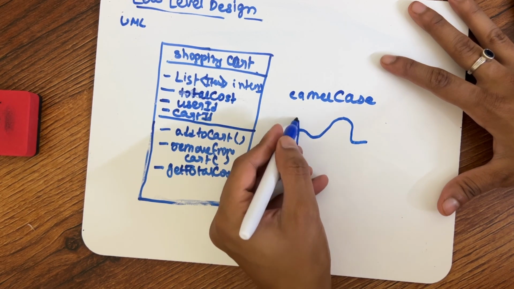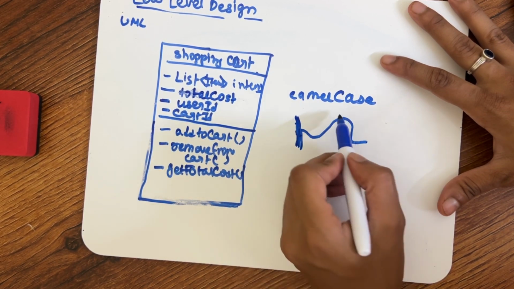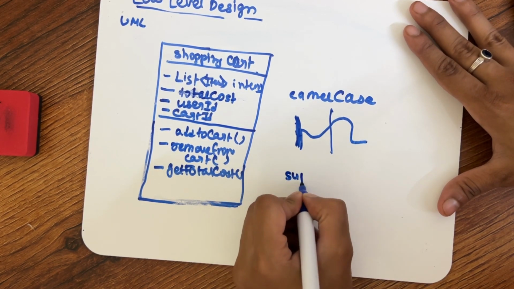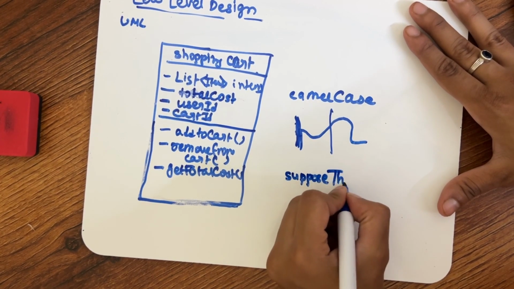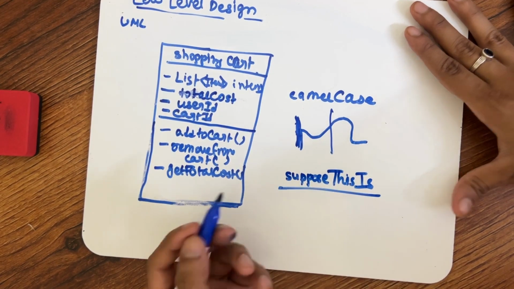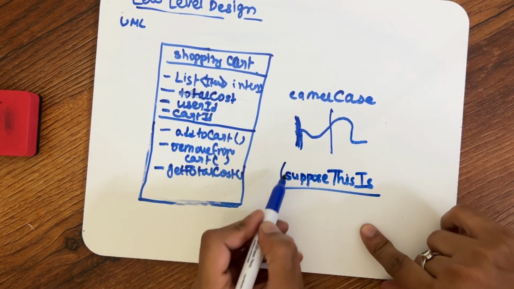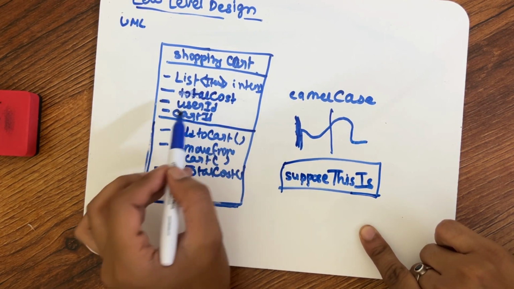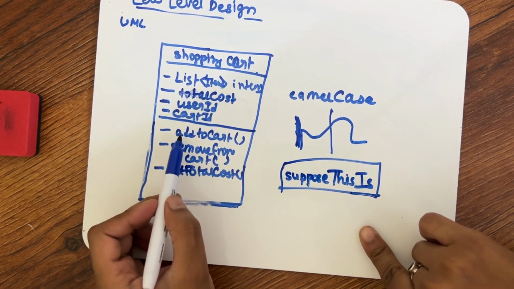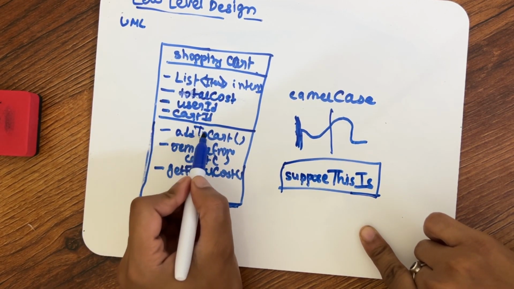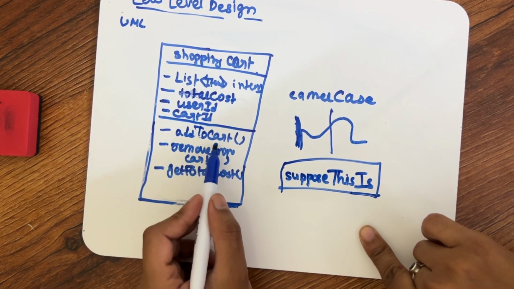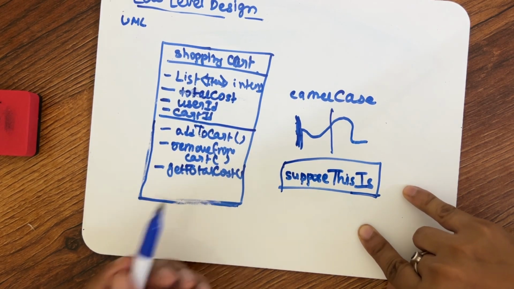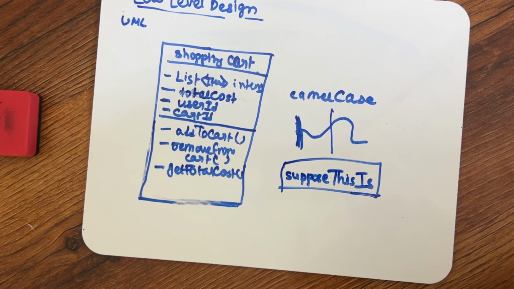If you see, in the beginning it has a lowercase letter, and then for every next word it has an uppercase letter. This is a camel case example, and this is the way you should write variables. So in addToCart, A is small, T is capital, C is capital; in removeFromCart, F is capital, C is capital; in getTotalCost, G is small, T capital, C capital. In this way we should define all the methods and the properties.